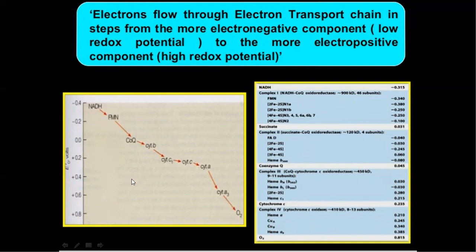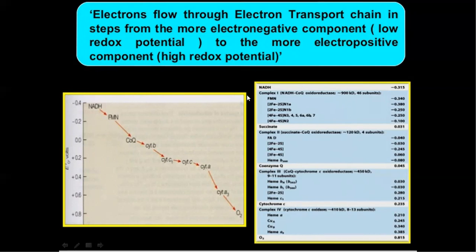These different components have different redox potential values. Here the negative values, which are the low redox potentials, belong to components like NADH and FAD, coenzyme Q, complex 3, complex 2. These all produce negative redox potential values.